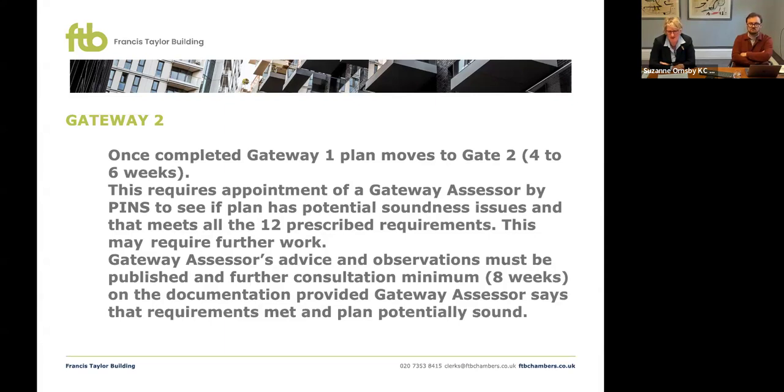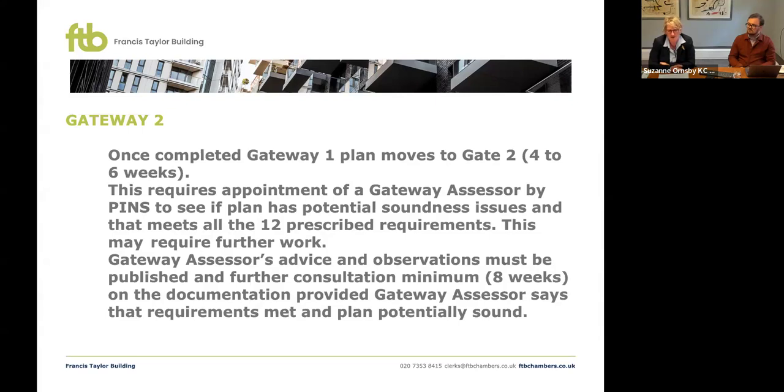The role of that assessor is to see whether the plan, which the local authority is now proposing to produce in the light of the consultation responses under Gateway 1, whether that new or emerging draft of the local plan has potential soundness issues, and whether it meets all the 12 prescribed requirements, which are all set out in the 2026 regulations. Of course, that iterative process with a PINS gateway assessor is, I suspect, almost inevitably going to lead to the requirement for further work.